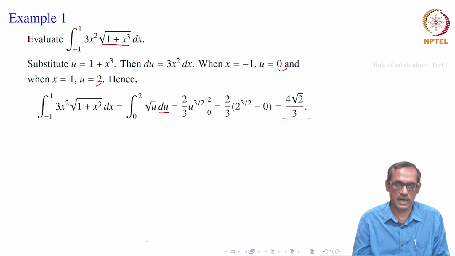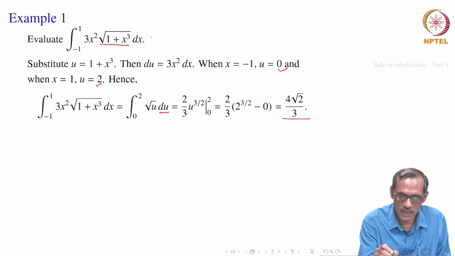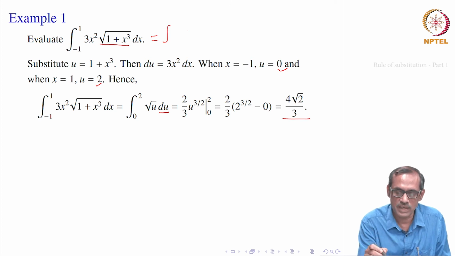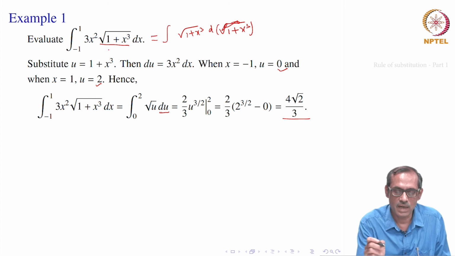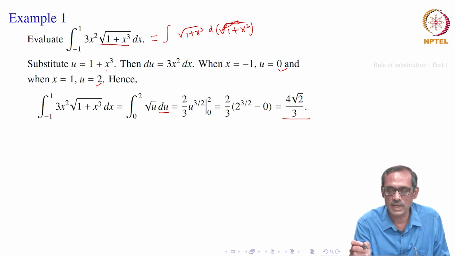So, sometimes when you get experienced, we will simply start like this, it will be equal to the integral. Now, 3x square dx is really d of x cubed or d of 1 plus x cubed. So, you write square root of 1 plus x cubed and d of 1 plus x cubed. Then the integral will be from minus 1 to 1, or if you go through the indefinite integral, that will give you really 2 by 3, as if it is u, and then 1 plus x cubed to the power 3 by 2.